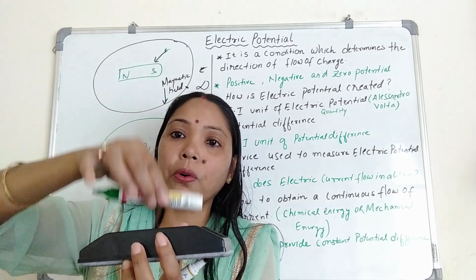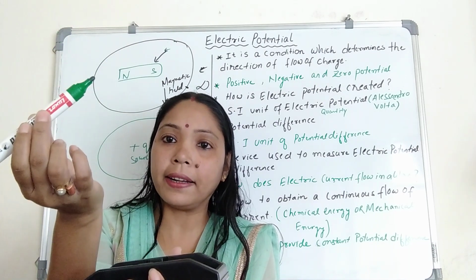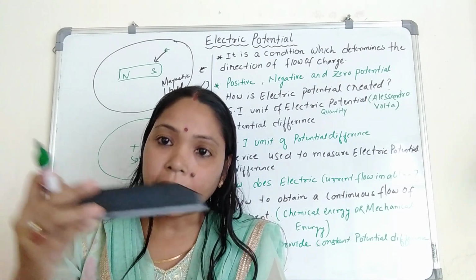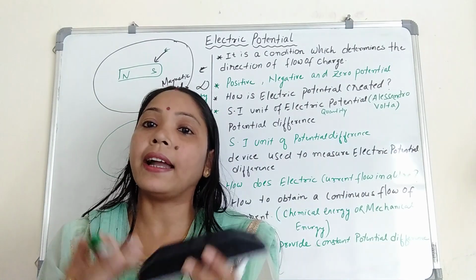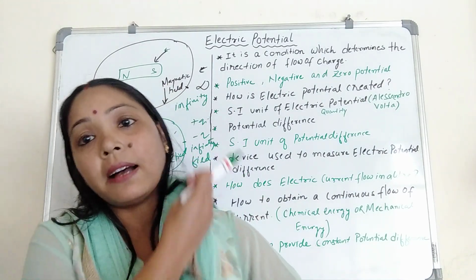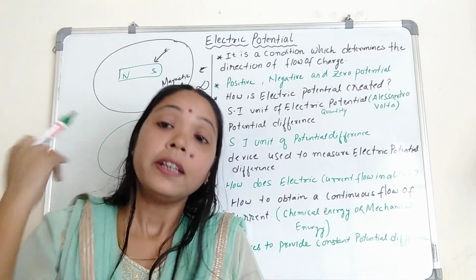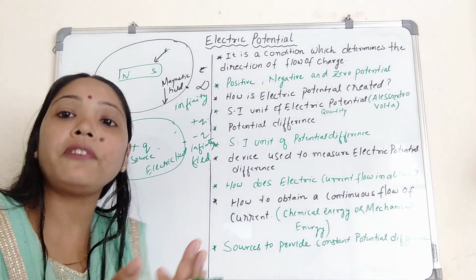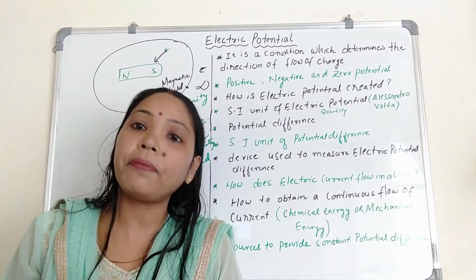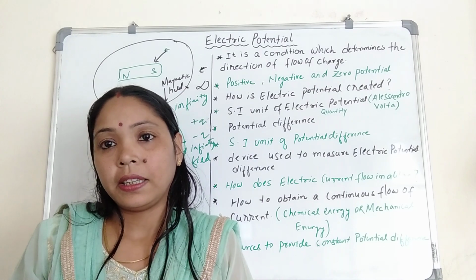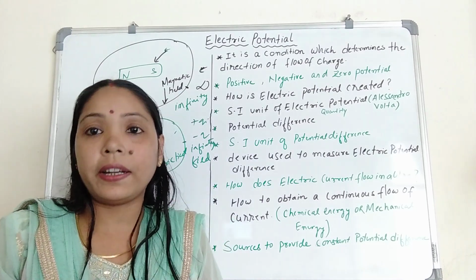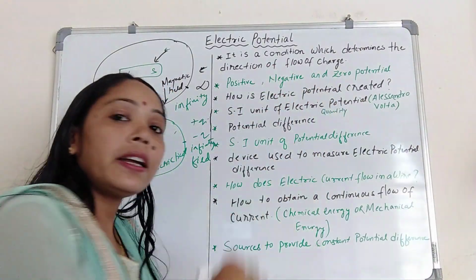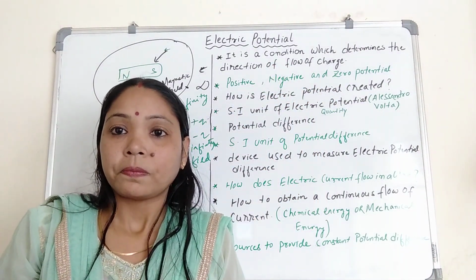Here also, if I hold this marker, it means I require some energy. If I want to move this duster, then again I have to spend some energy. Similarly, if you want to bring any charge from infinity field to electric field, you have to spend some energy. And that spent energy is always stored in the form of electric potential.